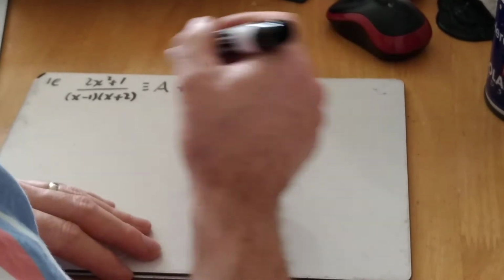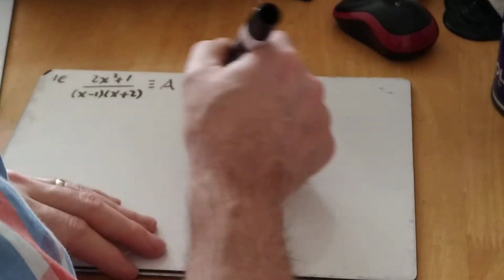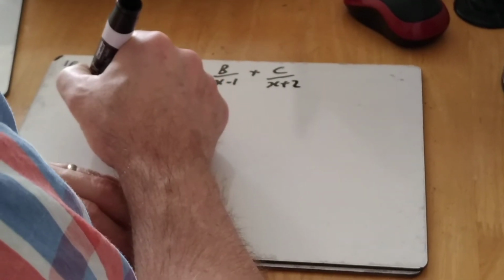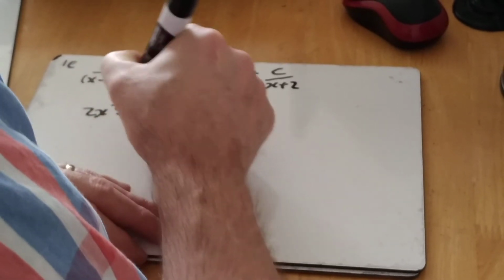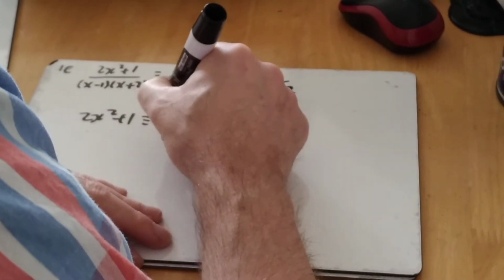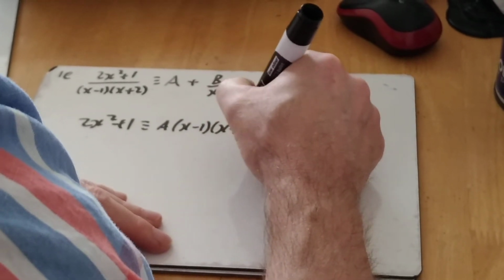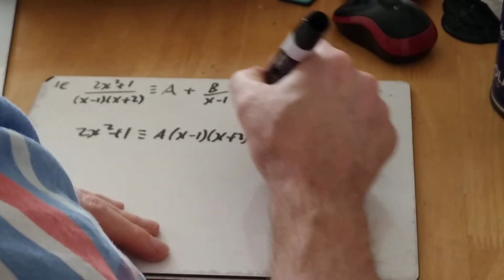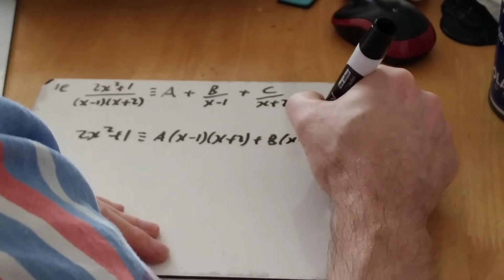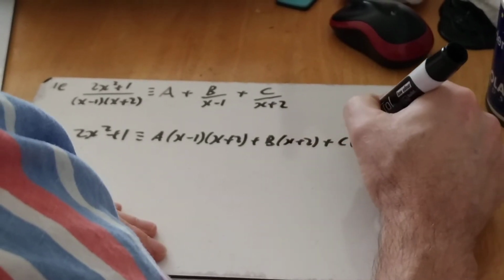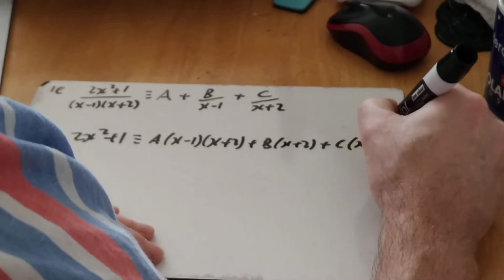So here's my setup. I'm then going to just simply times by both the brackets, get rid of the fraction. 2x squared plus 1 is equivalent to a times both brackets plus b times the second bracket and plus c times the first bracket.